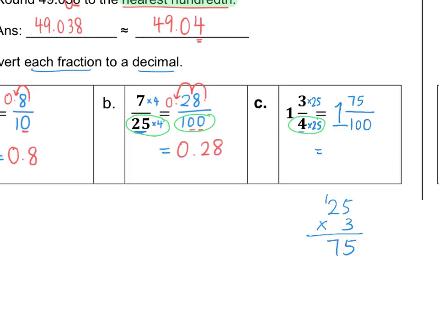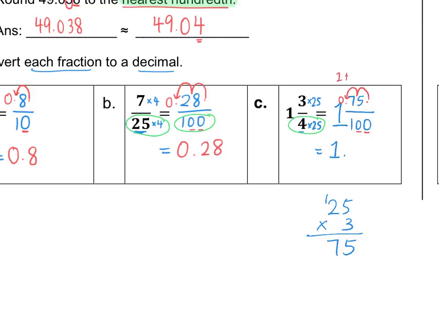So if you want to convert this to a decimal, 1 whole remains the same, so it's 1 point something. 75 hundredths. How many zeros are there in 100? 2 zeros. So you move the decimal point 2 decimal places forward, so you should get 0.75.